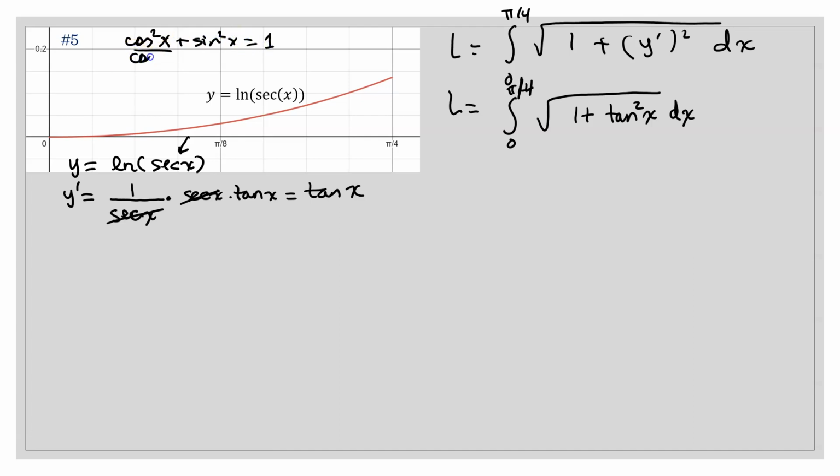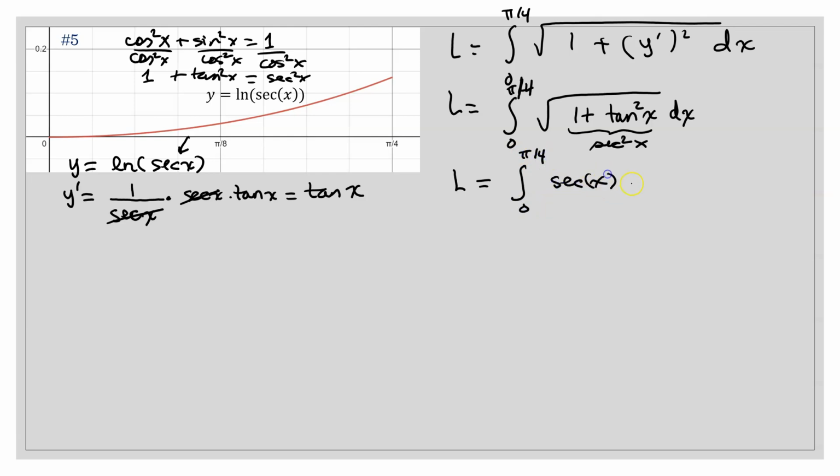If we divide everything by cosine square x, we can see that 1 plus tangent square x is equal to secant square x. So this right here is just secant square of x. Now, square root will undo square, so then the length here is the integral from 0 to pi over 4 of secant of x dx.